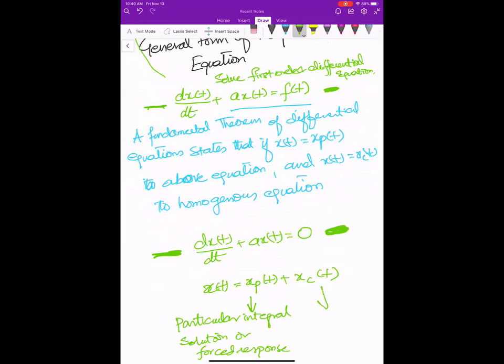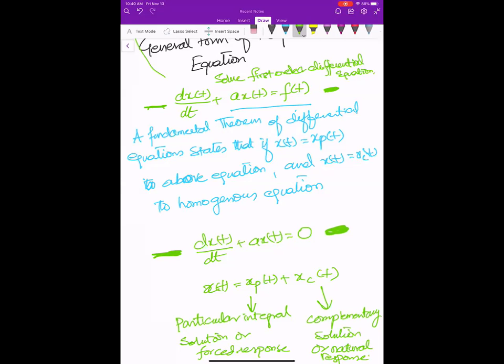And xc of t is a complementary solution or natural response. Okay, so we need to learn that.